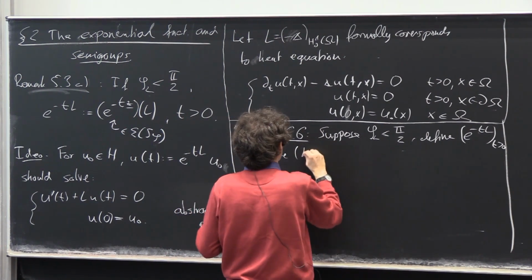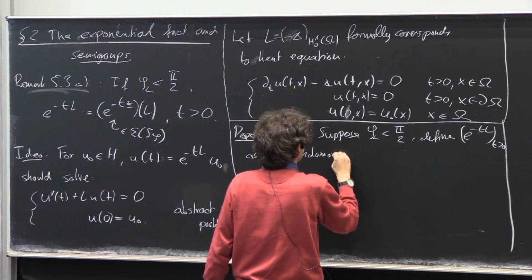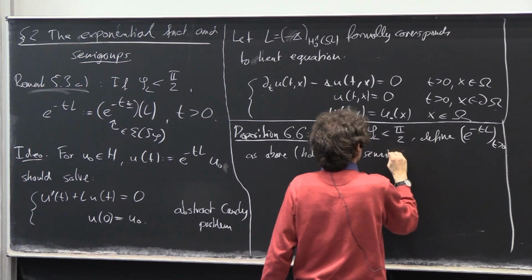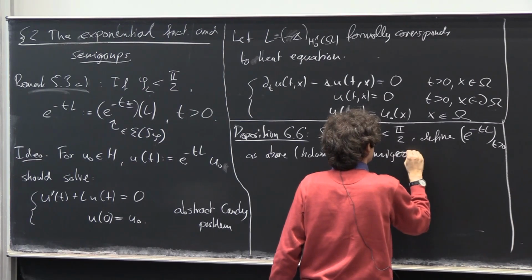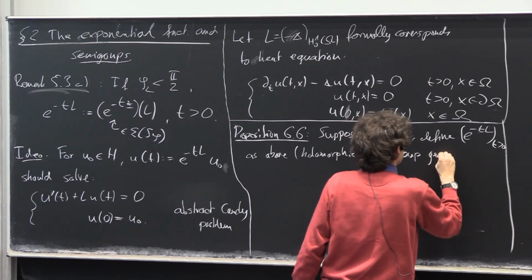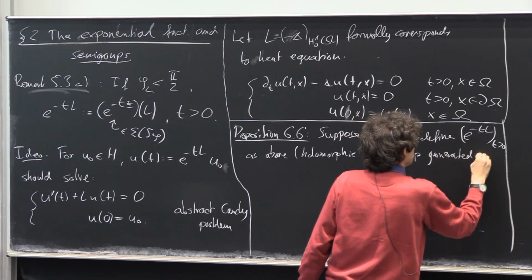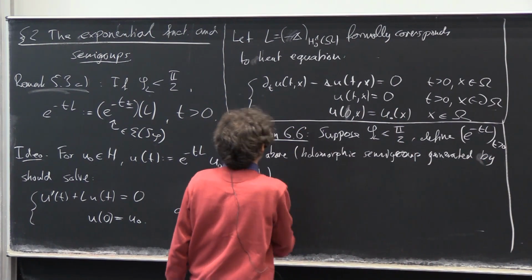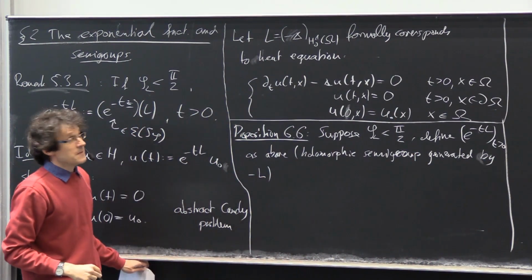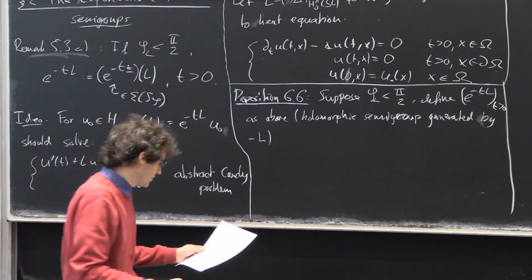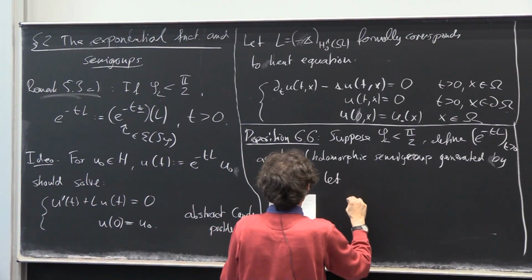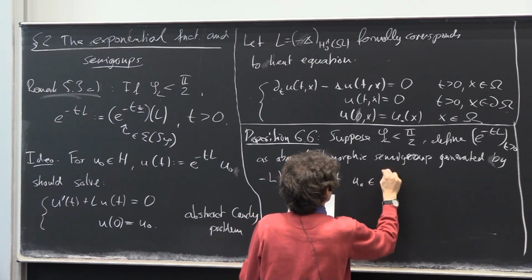This is called the holomorphic semigroup generated by minus L. Why it is called holomorphic, you see if you solve exercise 6.4. And why it is called semigroup, you see if I write down the first assertion of the proposition.